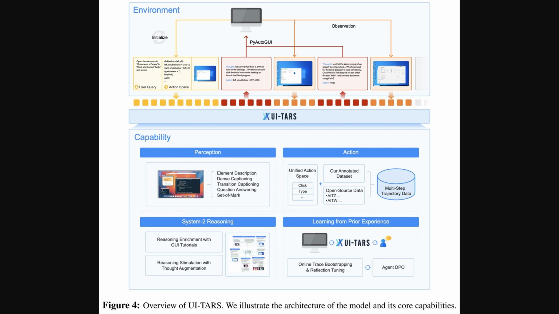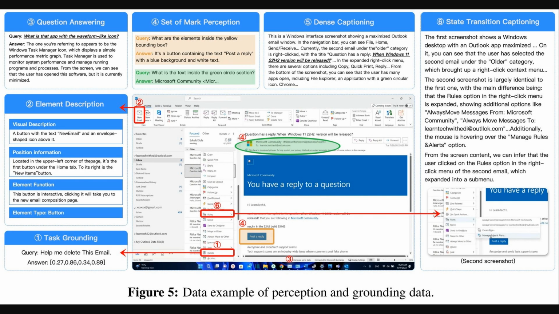What's new here is the explicit learning from prior experience block, showing how UI-TARS uses things like online trace bootstrapping and reflection tuning, learning from mistakes using agent DPO to continuously improve. It connects these capabilities to the actual interaction loop shown at the top, taking user queries and observations to produce actions.